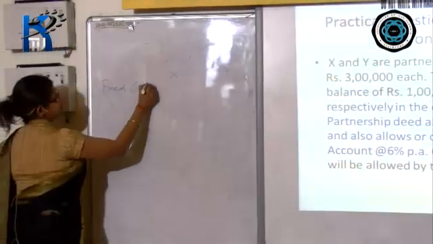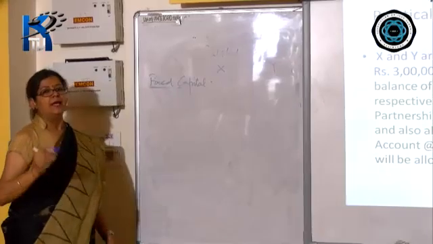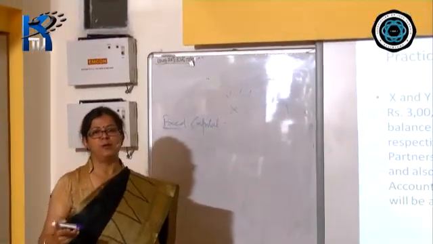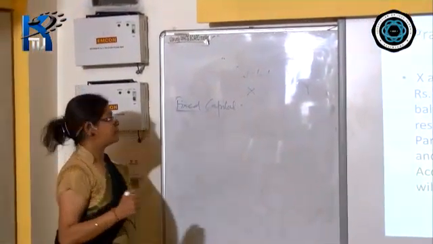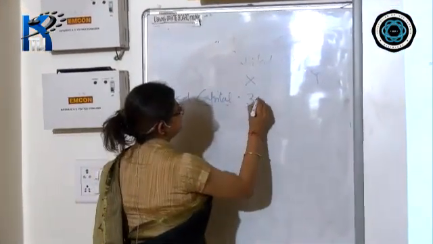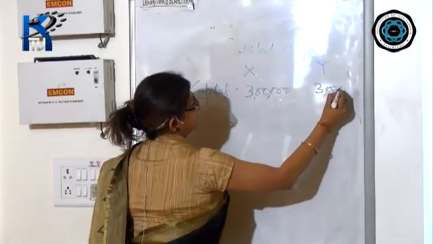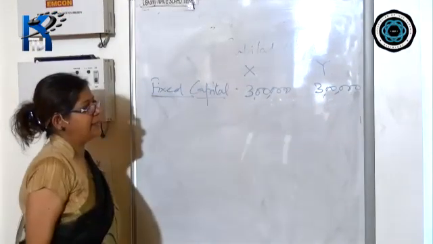Whenever the word fixed comes into the picture, it means we have to prepare 2 accounts. So fixed capitals of the partners were 3 lakhs each. X had 3 lakhs and Y had invested 3 lakhs.